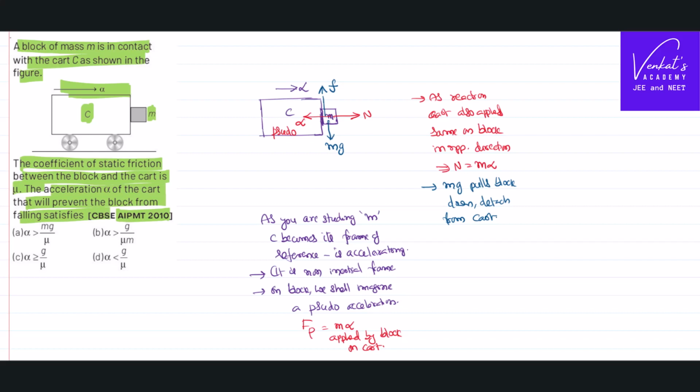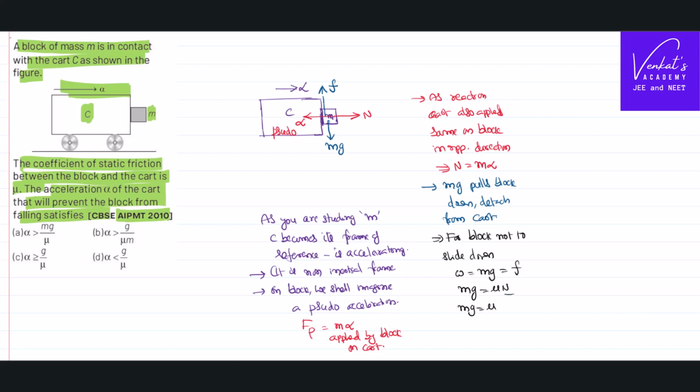So what we can say is that for the block not to slide down, weight mg must be balanced by the frictional force. That mg equals the frictional force, which is mu into the normal reaction.